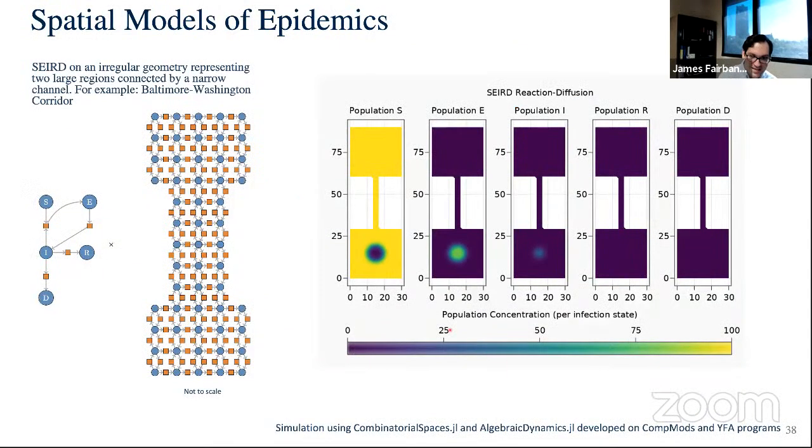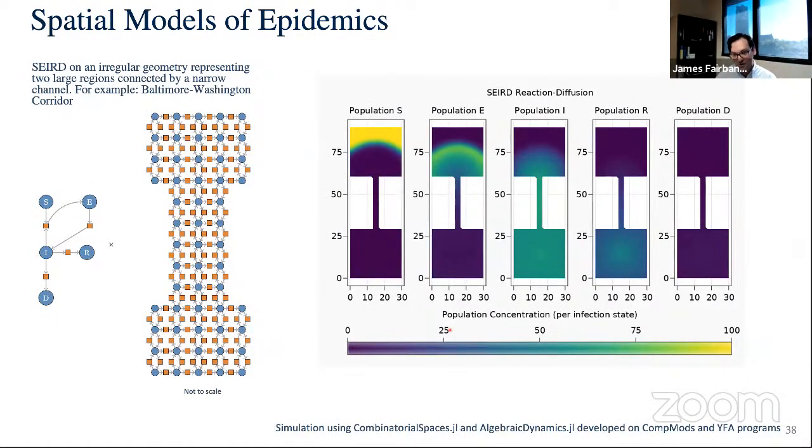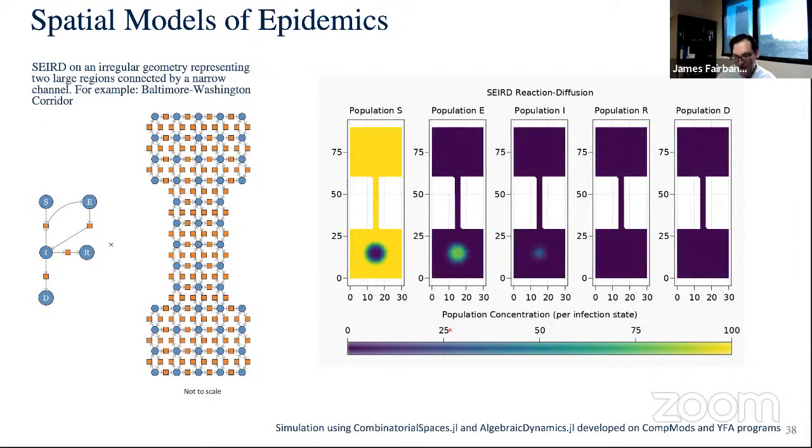So here's the example built out for turning a SEIRD model into a geometry, like a spatially diffused version of that model. We wanted to model kind of 2 cities with a kind of suburban corridor between them. In the US, you might think of this as like Baltimore and Washington, where you've got a big city in Washington, DC, and a big city in Baltimore, and kind of a little strip of population that lives in between.